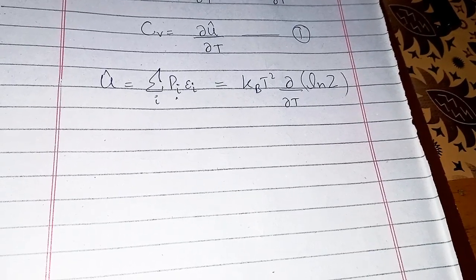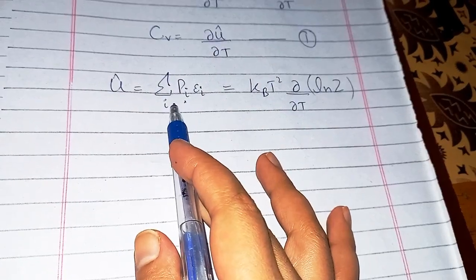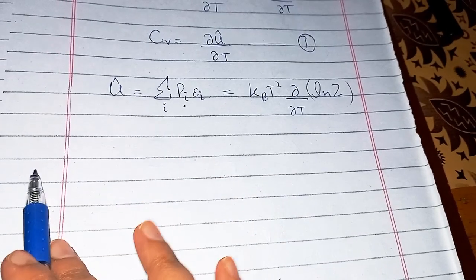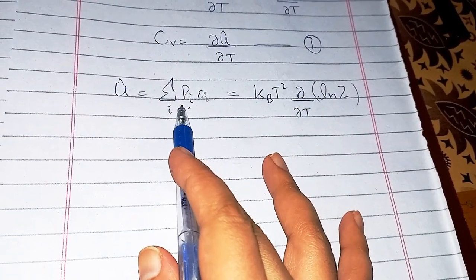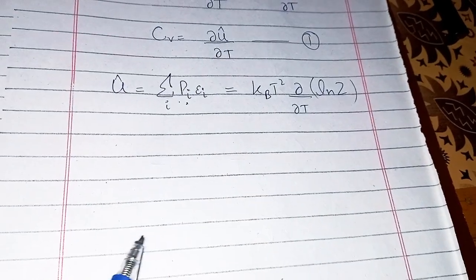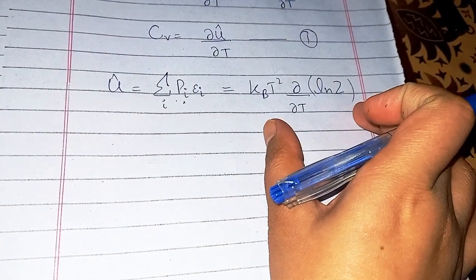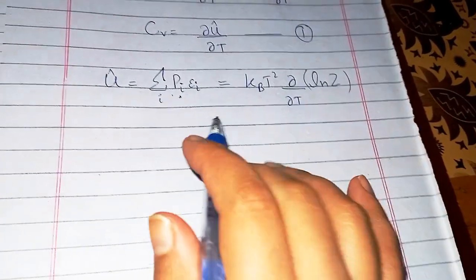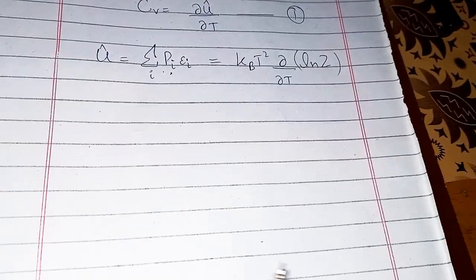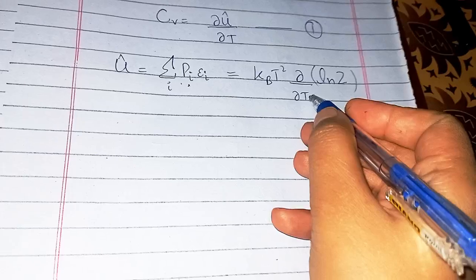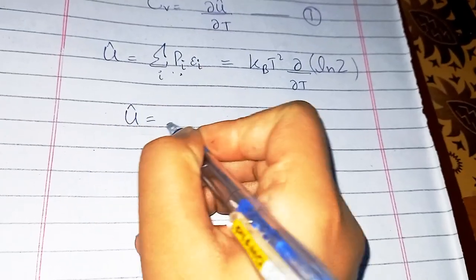It will give us the same result, so it's totally up to you what formula you want to follow. Okay, so I'm going to use this one in this problem.